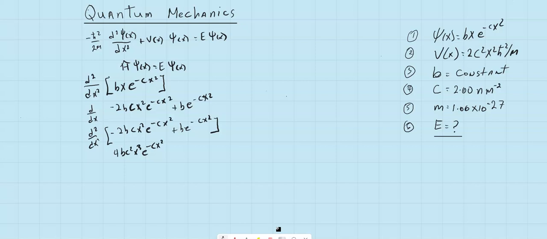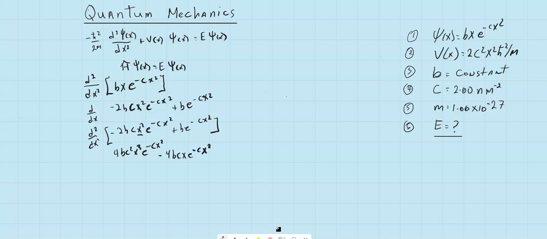We're going to take the derivative with respect to this right here. And this is going to be minus 4 b c x e to the negative c x squared.